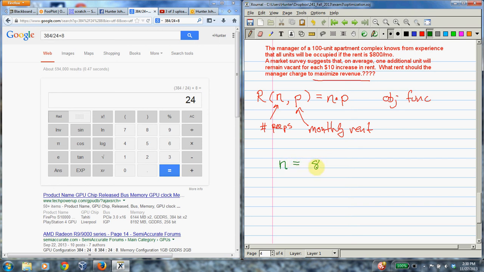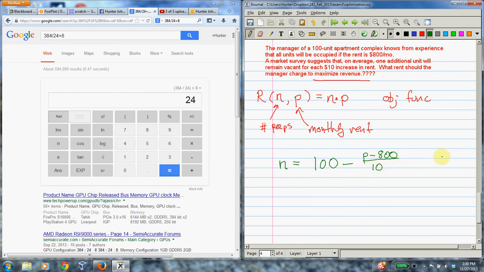So let's just imagine that the building is full, and then he says that one person is going to move out every time the rent increases $10 from $800. So take monthly rent P minus 800 and divide by 10.